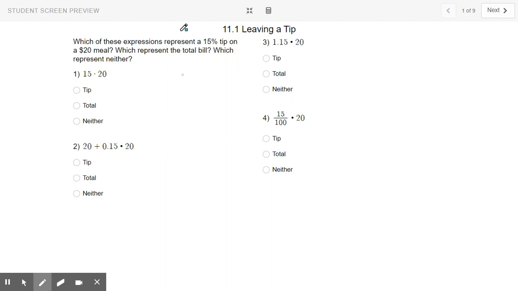So the way we look at tips is like this. Your meal, when you go to a restaurant, will cost a particular price, and without taxes, without tips, we call that amount the subtotal.